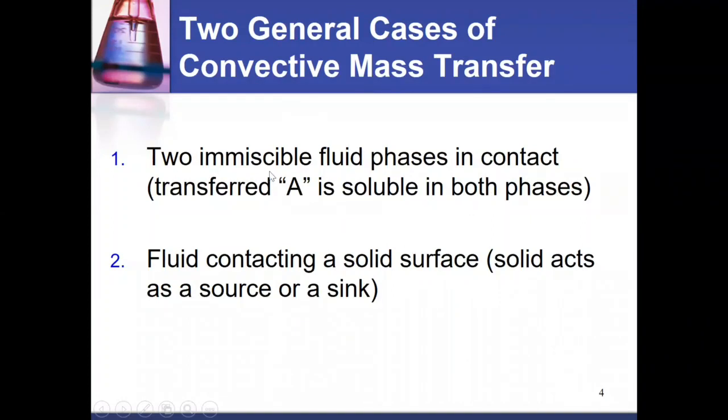For example, you have both liquid and gas, and A is soluble in the gas phase and then transfers into the liquid phase. So A transfers from one phase to another. This is one scenario where we have convective mass transfer, and we have to evaluate the convective mass transfer coefficient Kc.